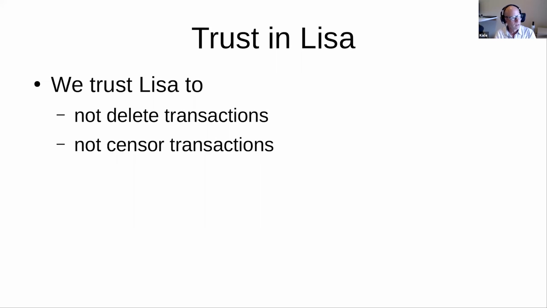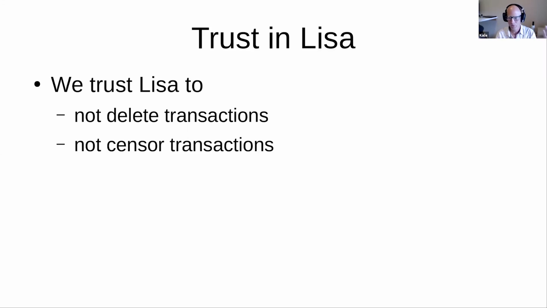as we said before, Lisa can't steal anymore. But we still trust Lisa to not delete transactions. And we also trust her to not censor transactions. So she can't go into the spreadsheet now and change existing transactions. She can't make changes to the transactions because they are signed and the signatures are public in the transactions.